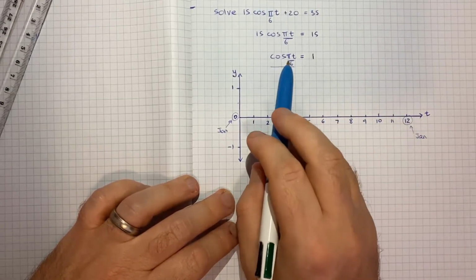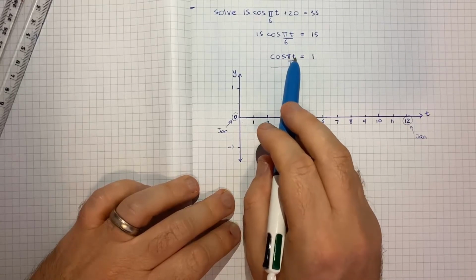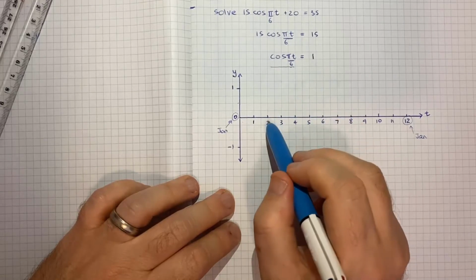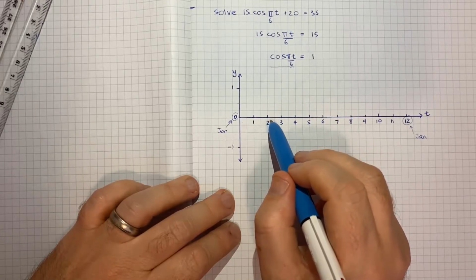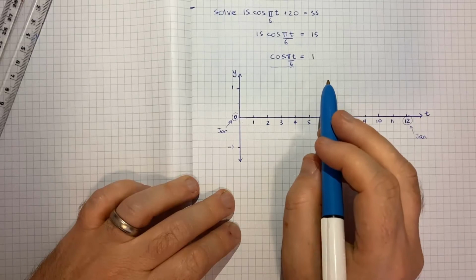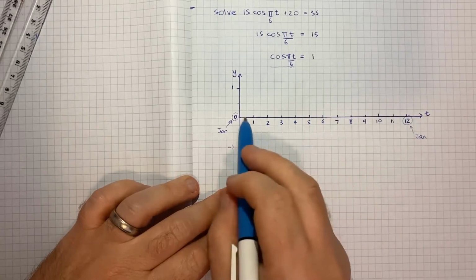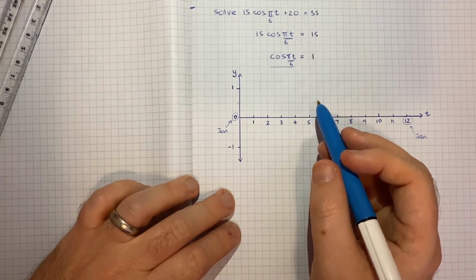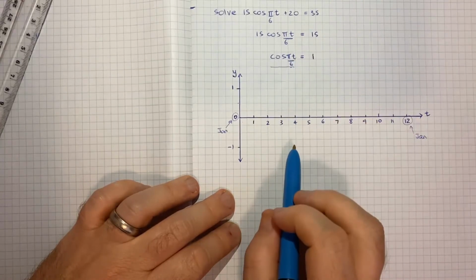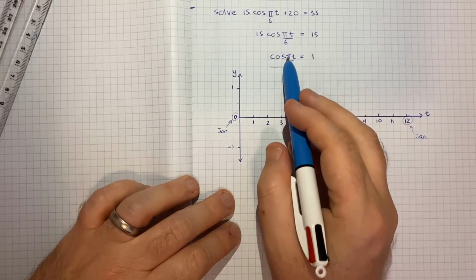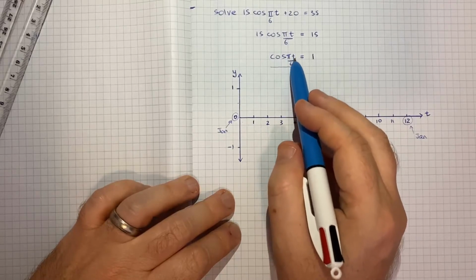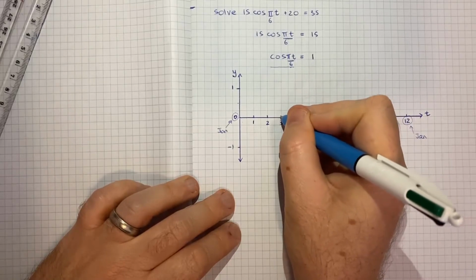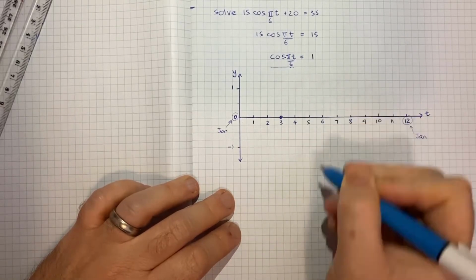The cos curve will intercept the horizontal axis when we get π/2, which would require, in this case, t to be 3, because we get π times 3 on 6. The 3 on 6 becomes 1 on 2. So we know we're going to have an intercept at t equals 3.